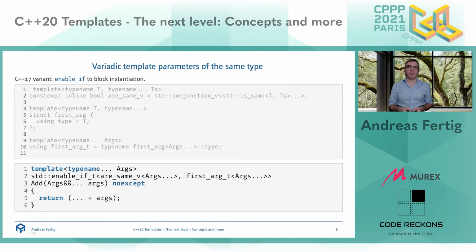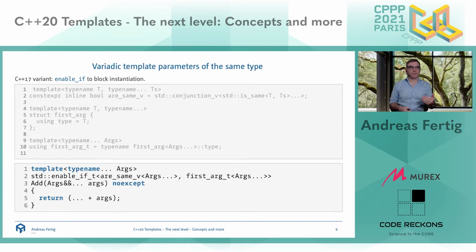In line number 10, my first_arg_t is the using alias referring to this type. So essentially first_arg_t gives me the first type from a parameter pack, okay? And because I have rSameV, I make sure that all types in this pack are the same. So whether I grab the first one, the last one, or something in the middle, I will always get the same type because they are all of the same type.